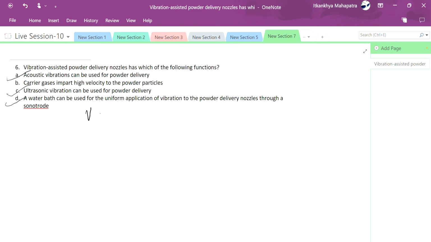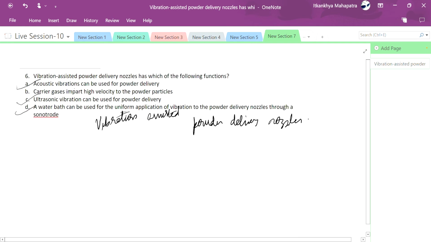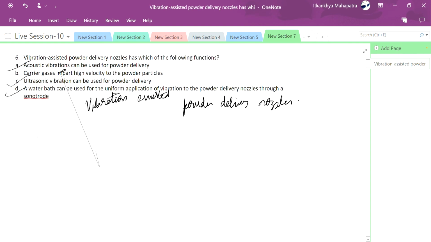Now we will just briefly discuss what vibration assisted powder delivery nozzles are. Here, mechanical vibrations are used to transport granular material.